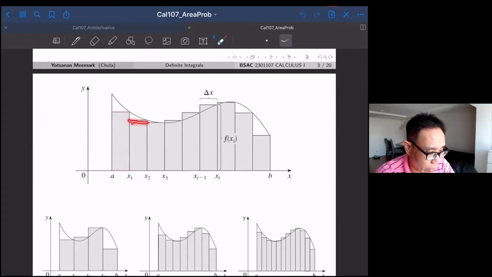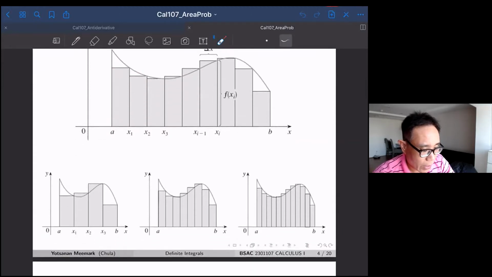Similarly, you have this rectangle here and you compute its area, and so on. You're going to get some error and some extra, and sometimes this one and this one will cancel each other. However, it's not going to be the exact area.